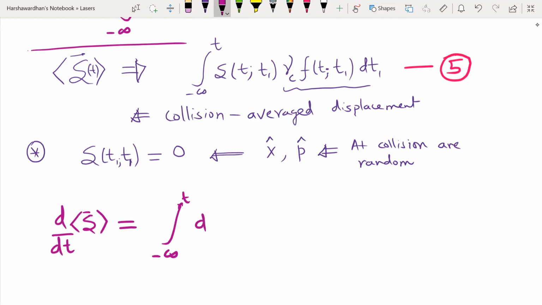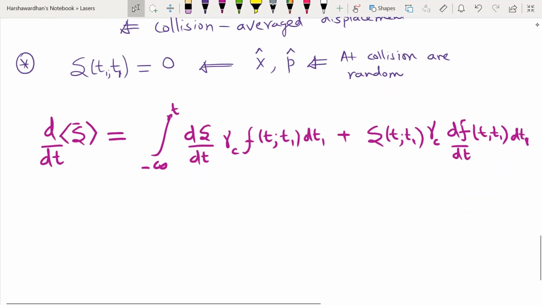So I can call this ds by dt times gamma c f of t, t1, dt1, plus S times df by dt of t, t1.